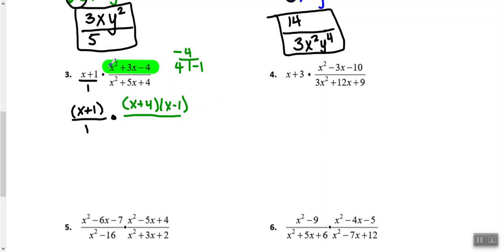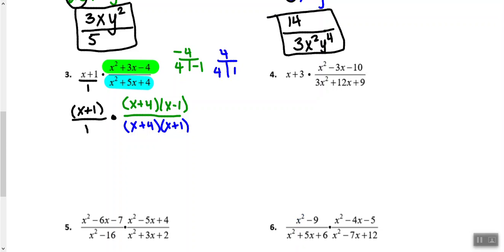I can do that because there's nothing in front of the x squared. Then I look at the bottom and I need to factor that. So here I'm looking for what multiplies to a positive 4 and adds to a positive 5. Positive 4 and positive 1. So this gives me x plus 4 and x plus 1.